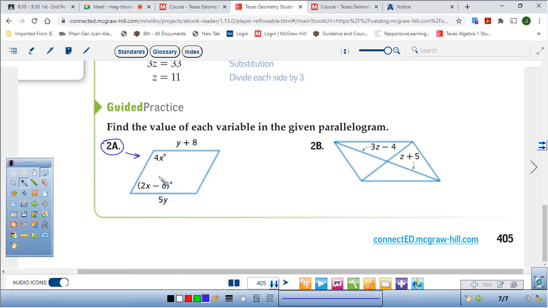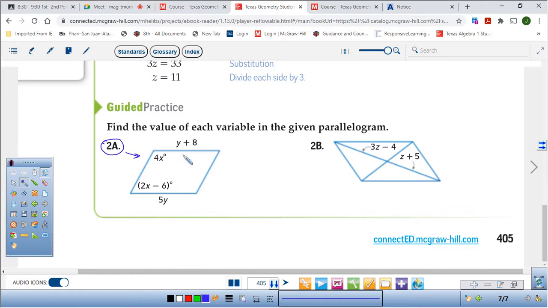Label it real nice and fancy. Okay, so find the value of each variable in the parallelogram.